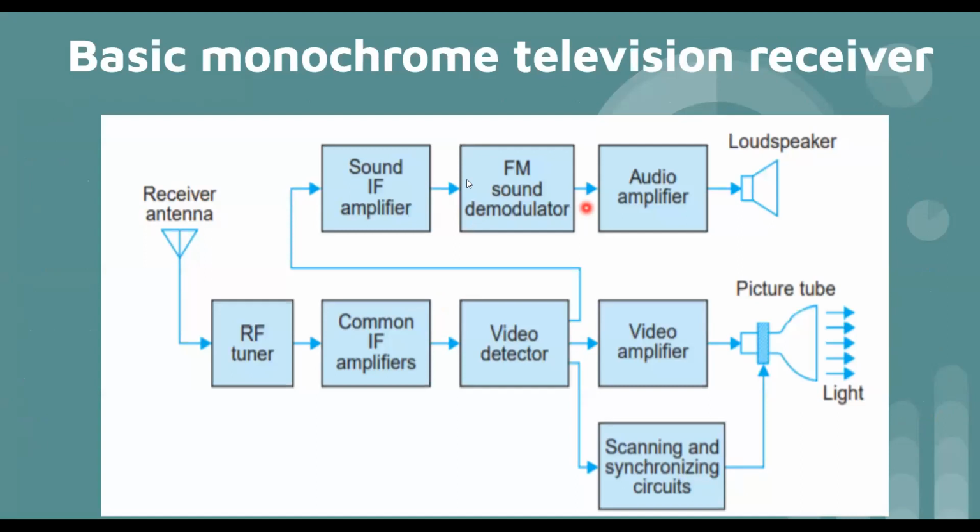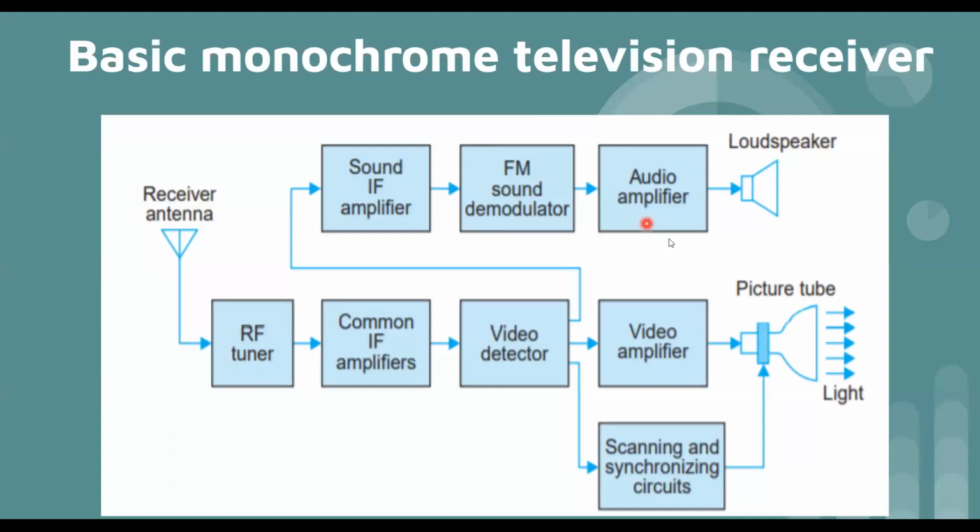So therefore the frequency modulated audio signal is again demodulated, FM demodulated after one stage of amplification. So the audio output from the FM detector, FM demodulator, is applied to the amplification.